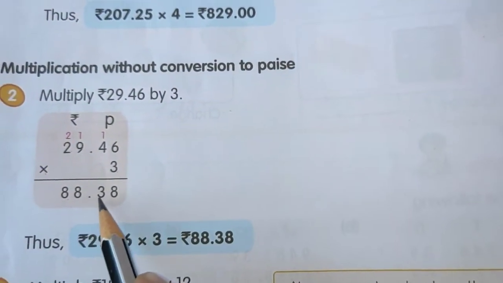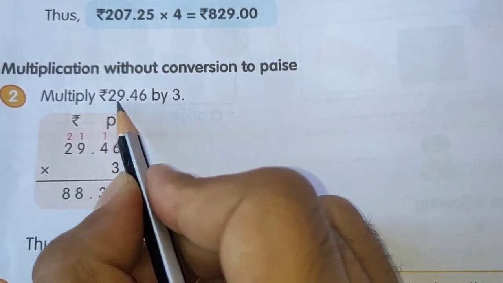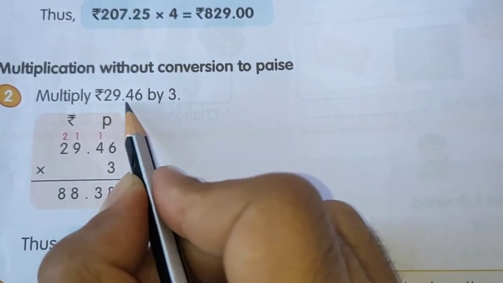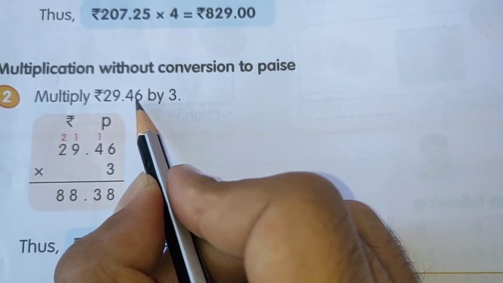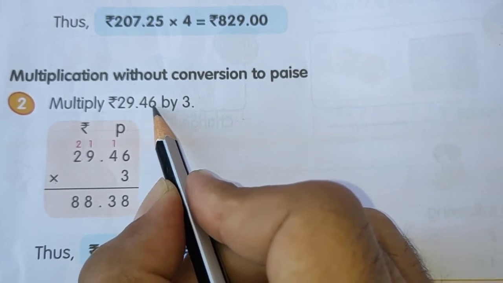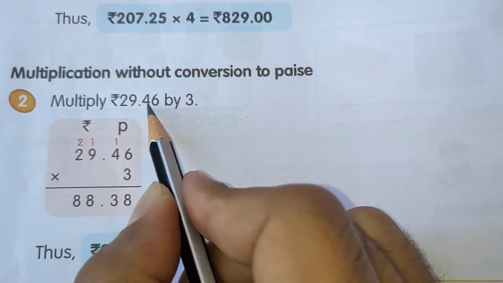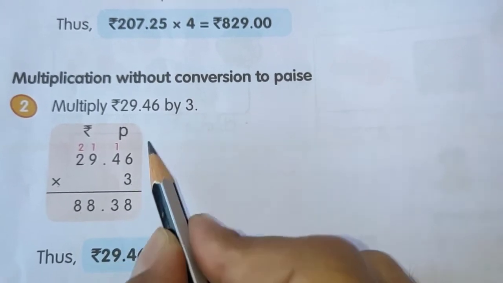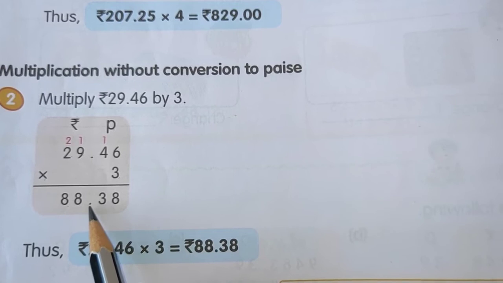Now see how to adjust the decimal point. In this, which is the decimal number? Only this one first. How many digits are there on the right-hand side of the decimal point? 2 digits. So in the final answer I will keep 2 digits on the right-hand side of the decimal point.